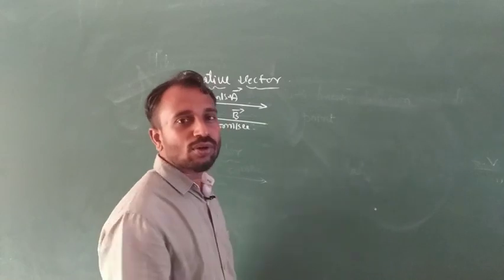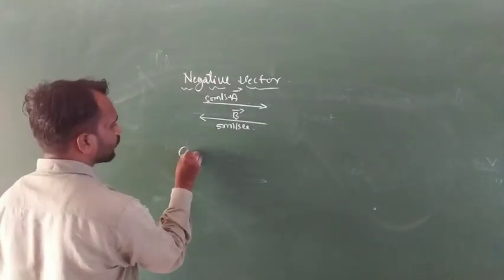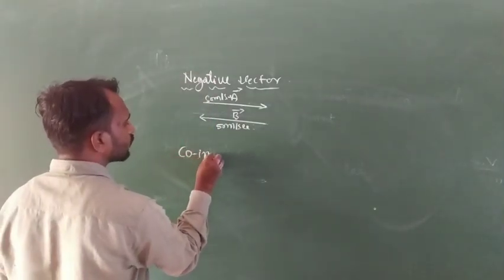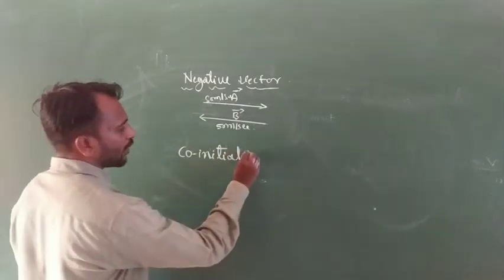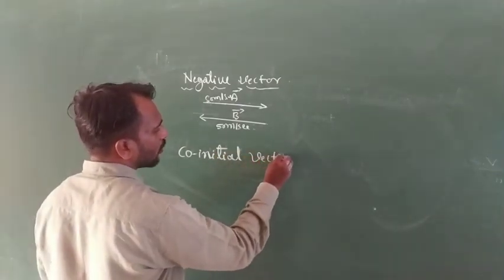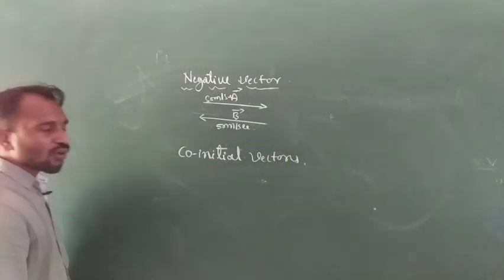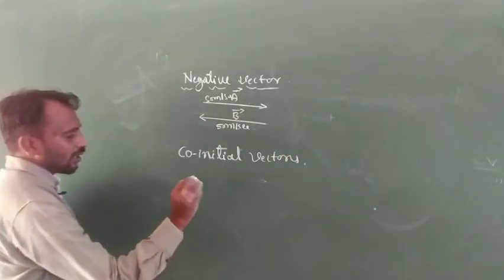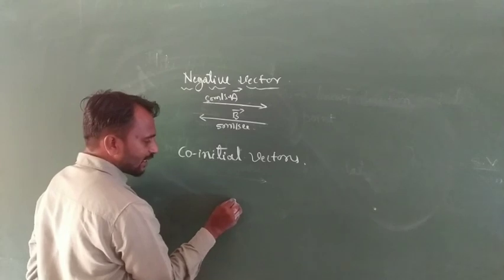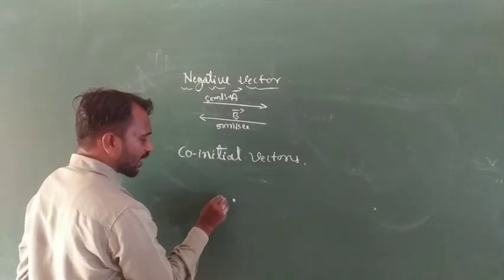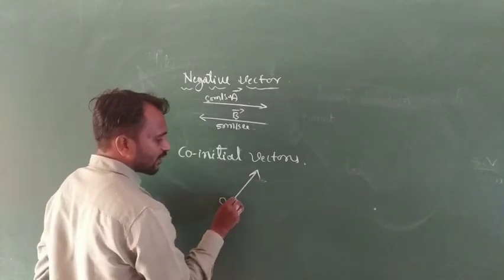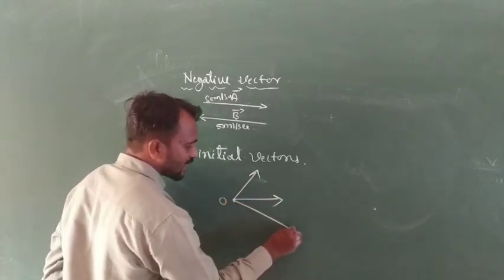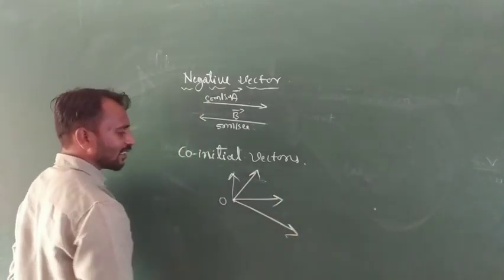Another one is a co-initial vector. Co-initial vectors. Here we consider one single point, for example O. Here we consider one vector and another vector and another vector and another vector.